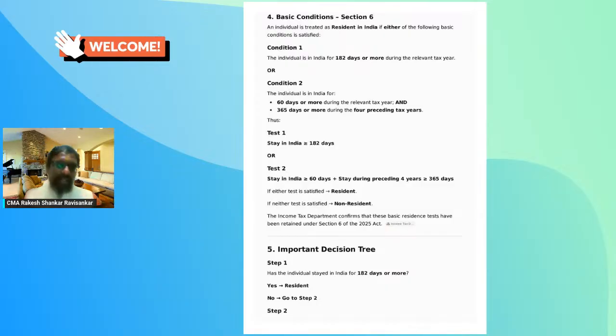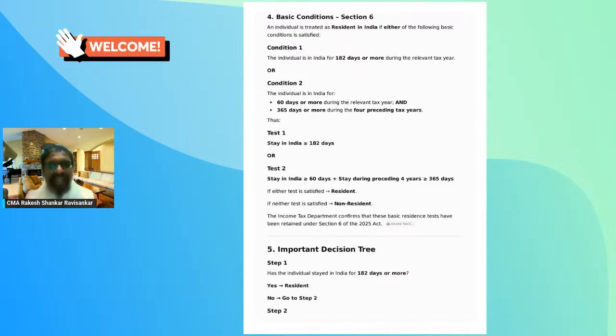Look at the word here; it is substituted with the words tax year. So you should have stayed in India in the tax year 2026-27 for a period of 182 days or more.